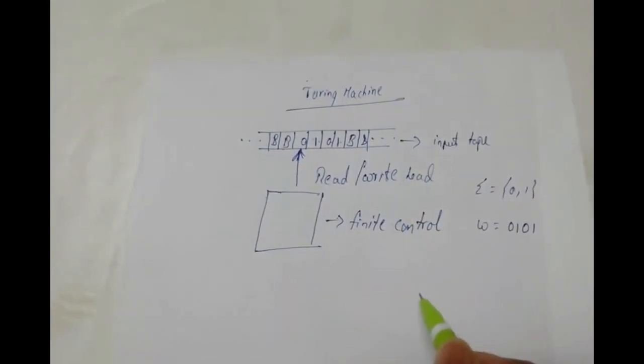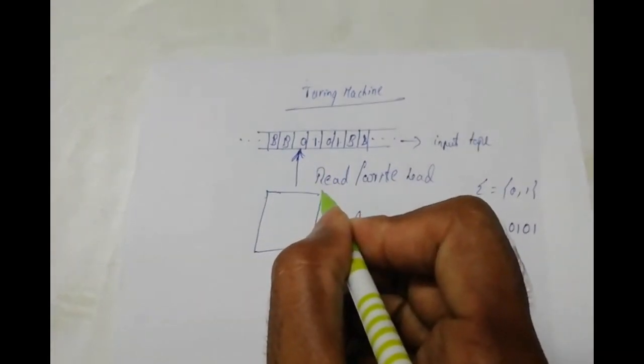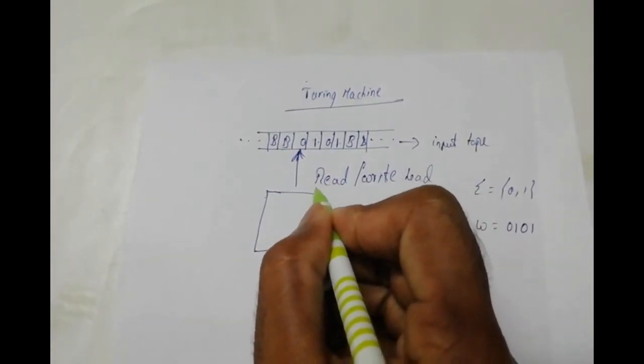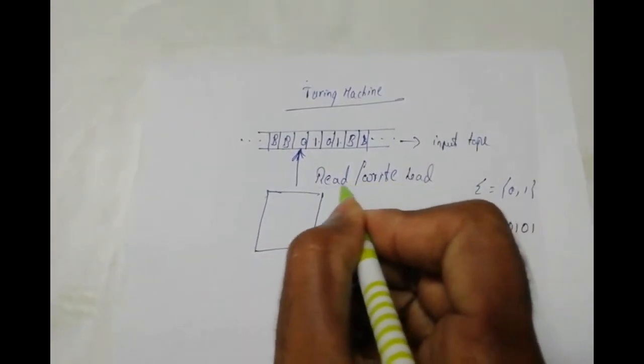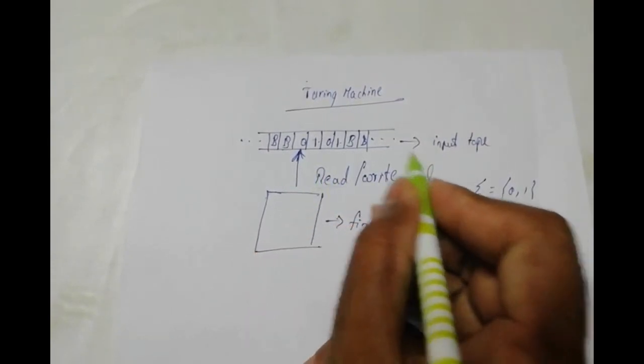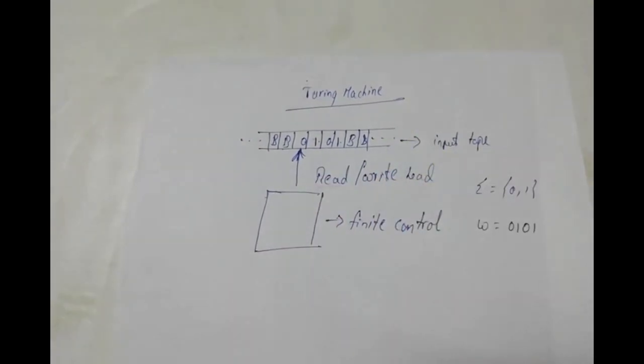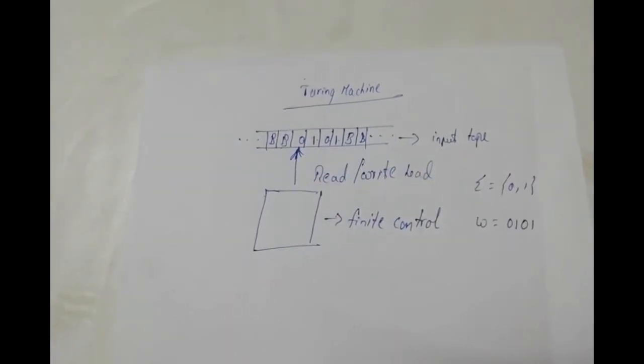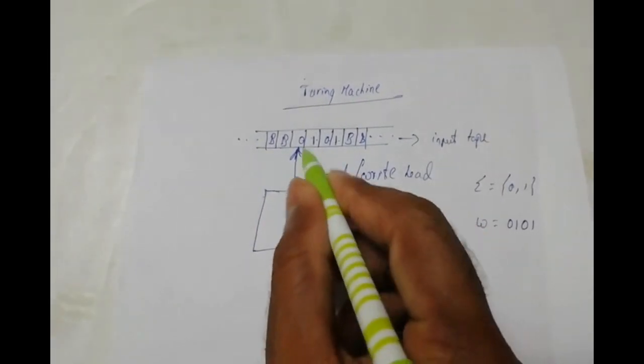Next, coming to the read-write head. Read-write head has the capability of both reading contents from the input tape and also writing contents onto the input tape. In the previous machines like finite automata and push-down automata, they have only the property of reading the contents from the input tape.